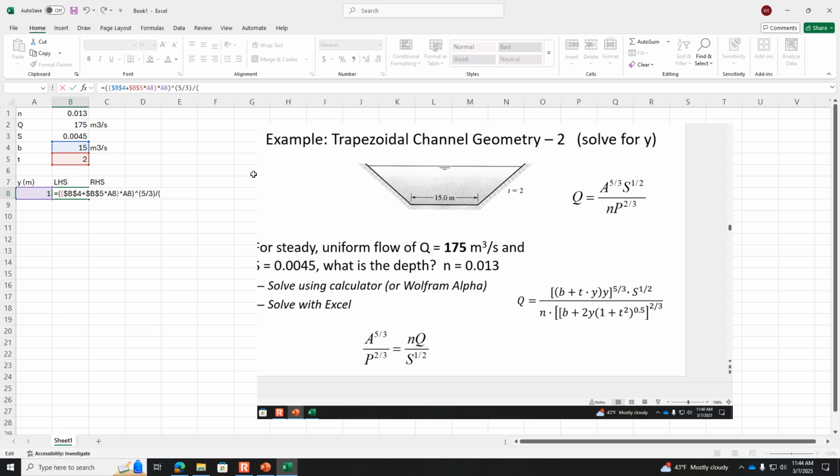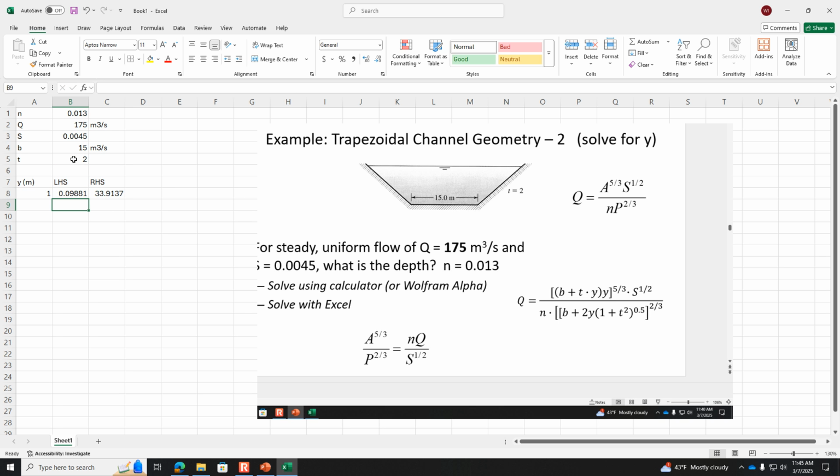Formula for the wetted perimeter is B, anchor the reference, plus 2 times Y times 1 plus T squared. I anchored the reference to T. Now it's to the 2 power. Close parentheses to the power of 0.5. Boy, this is getting tedious, right? And then close parentheses, and all of that is to the power of 2/3.